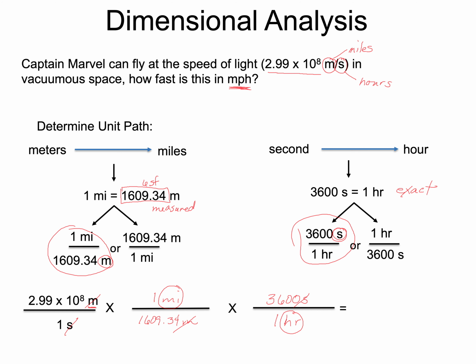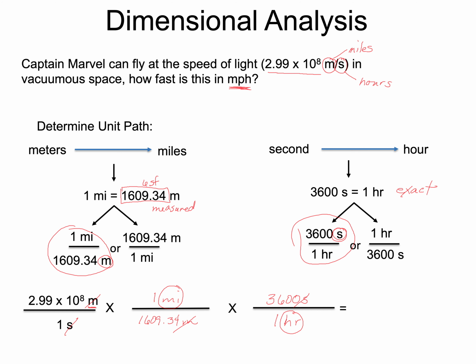You do all of the multiplication and division of this particular problem and it will give you the following answer. The way that you'll do this mathematically on the calculator is do the 2.99 times 10 to the 8th and multiply that times the 3,600 seconds, and then go through and divide by any denominator in that value.